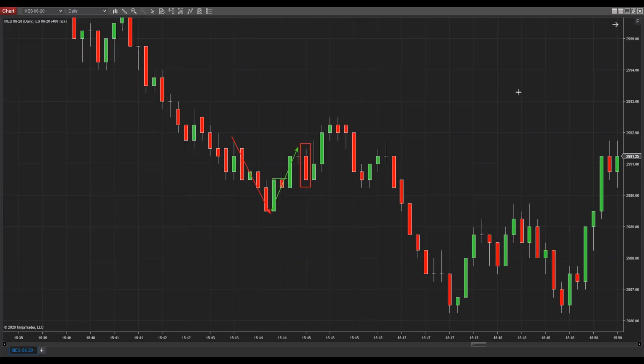This candle breaks the prior candle's low by at least one tick, and now we have a downtrend.